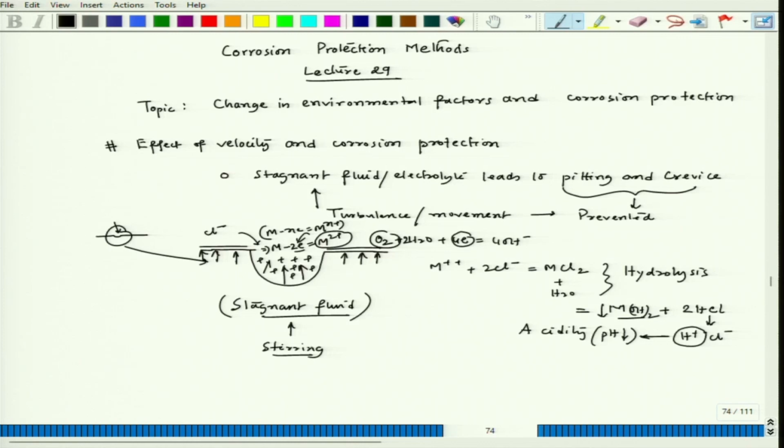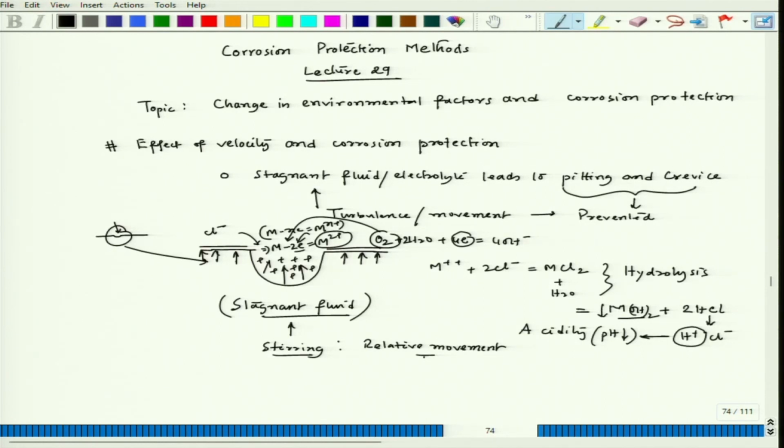So, if we stir, we are actually leading to a little bit of relative movement. So, when we have relative movement, that actually takes oxygen from the bulk and can take it there, because of relative movement. That particular movement would be much faster than the normal migration by diffusion.